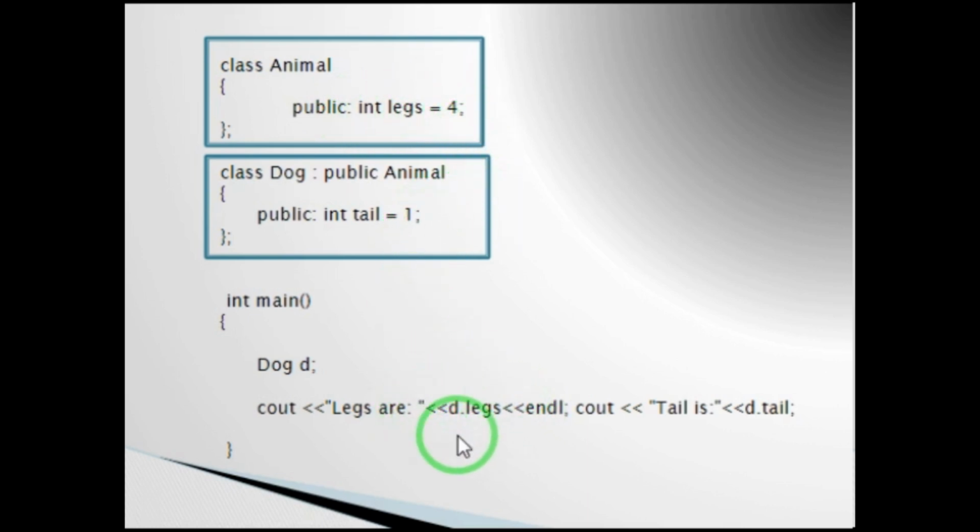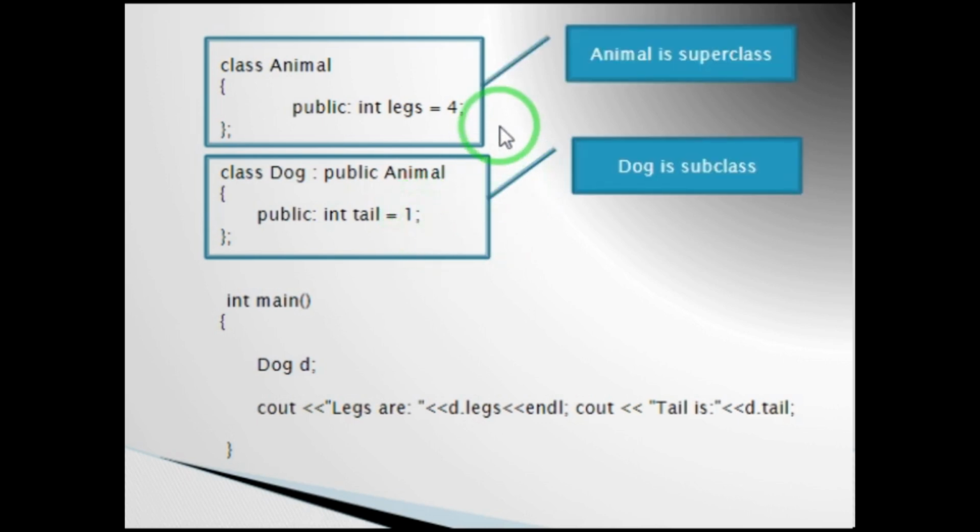See here, d.leg means I use a d object of the Dog class and access this leg variable in my Dog class. Animal is a superclass, Dog is a subclass.